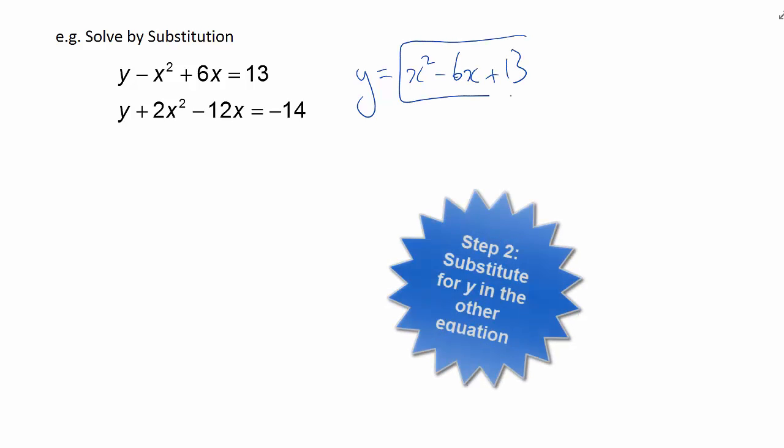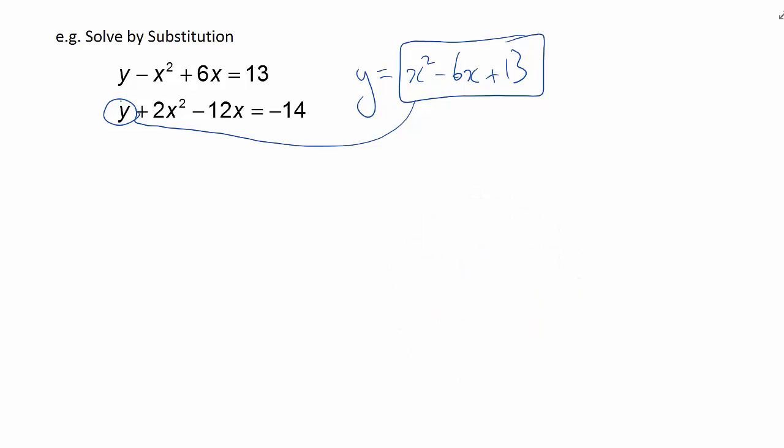All this stuff here that is equal to y, I'm going to take over here and put in place of y, which then gives me x squared minus 6x plus 13 plus 2x squared minus 12x equal to negative 14.